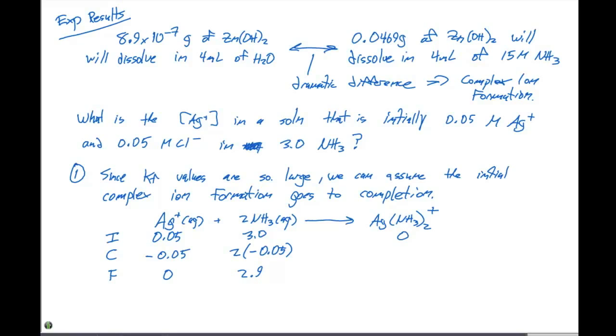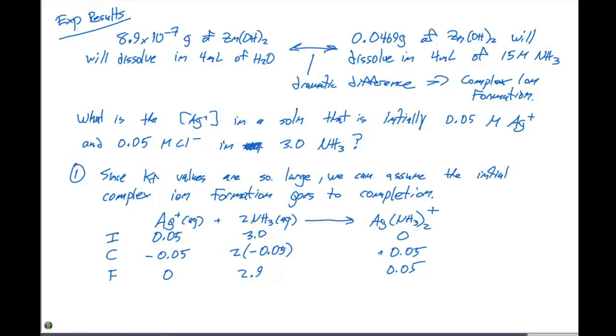When 0.05 moles of silver interacts with 0.10 moles of ammonia, we're going to form 0.05 moles of the complex ion.